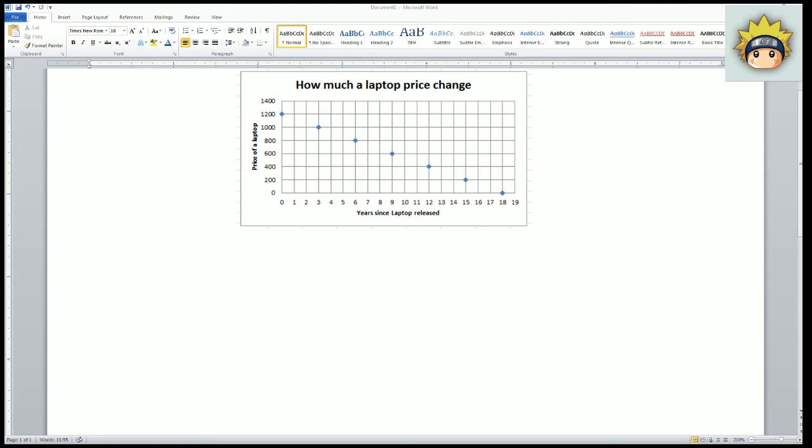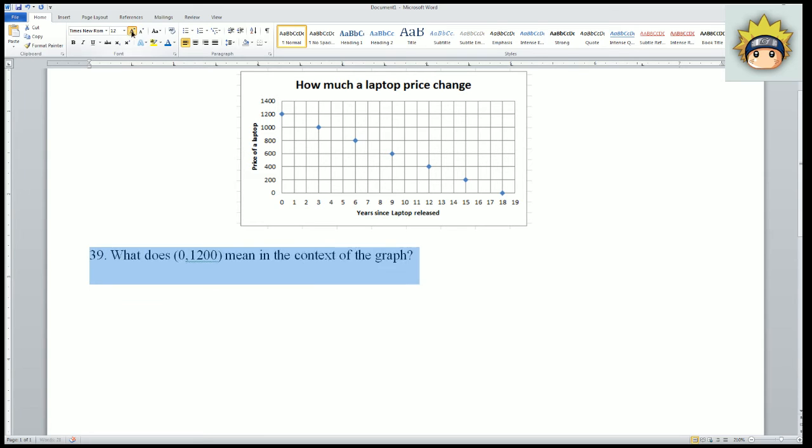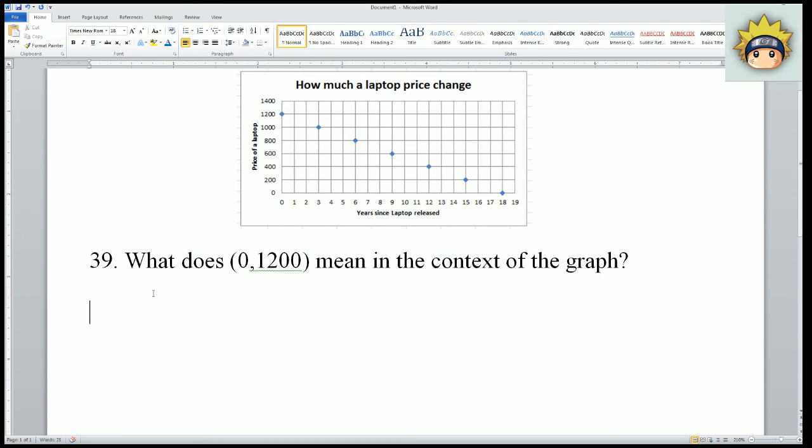Same thing for 39, but it asks us for a different value. Did you notice that this represents what? When x equals 0, we call that the what? Okay, we call that the y-intercept.